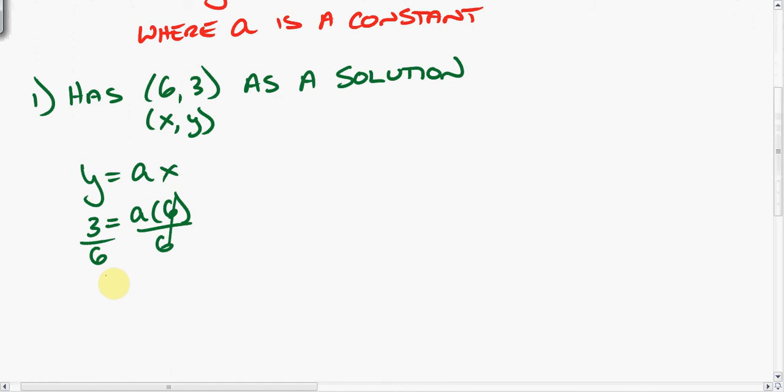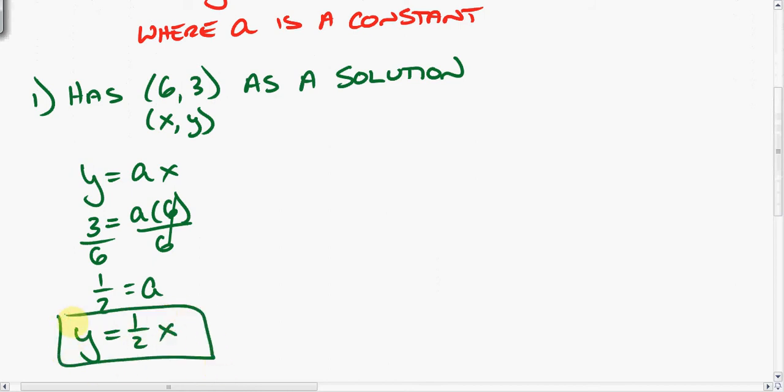The 6 here cancels, and a is equal to 3/6 or 1/2. Now you're going to go back to the original equation and substitute the value of a, which is your constant, in for a. So my final answer is going to be y equals 1/2 x. So you're going to use the ordered pair to find a, and then plug a back into the equation. And we've written a direct variation equation.